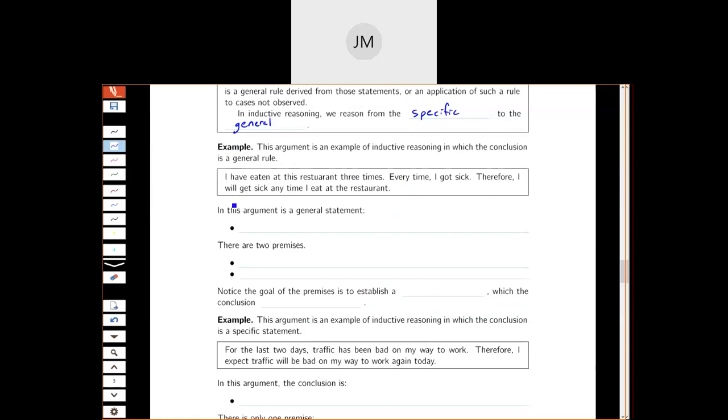That's what we're concluding. So our conclusion here is that I will get sick anytime I eat at the restaurant.